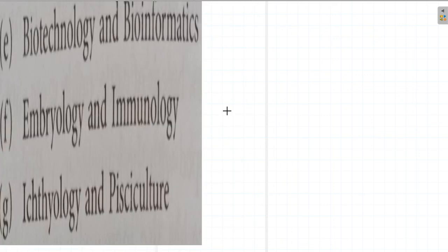Now next is biotechnology and bioinformatics. So biotechnology is study of living cells in technology and industry. Right, bioinformatics, I have told you, analysis and management of biological data.